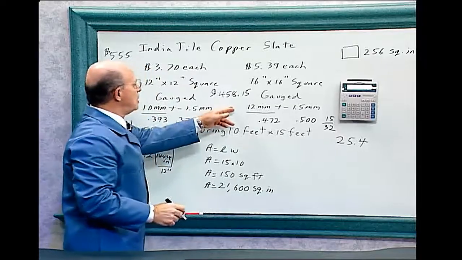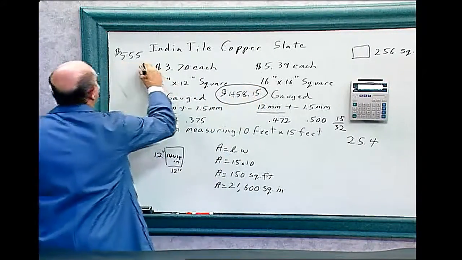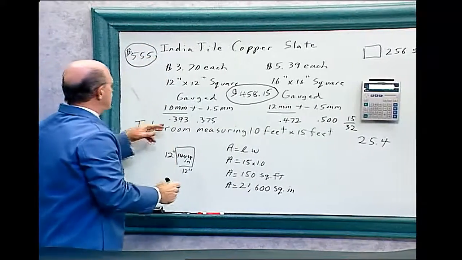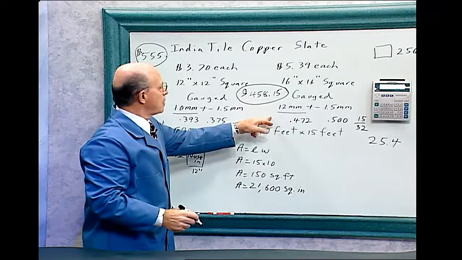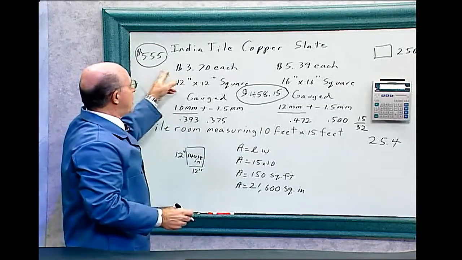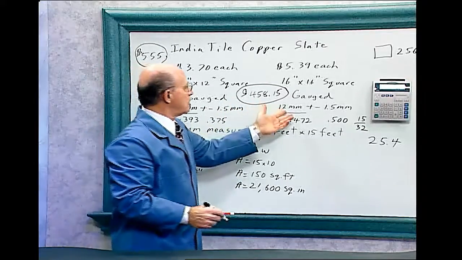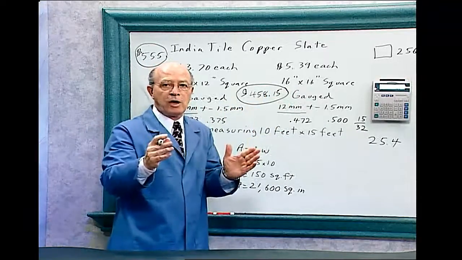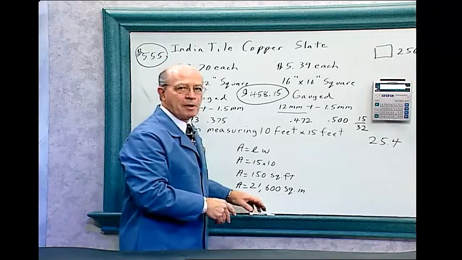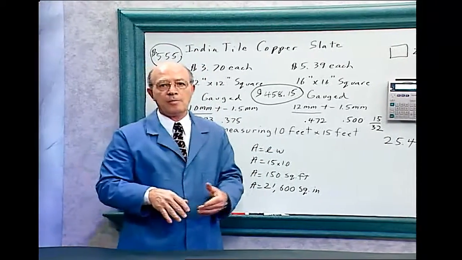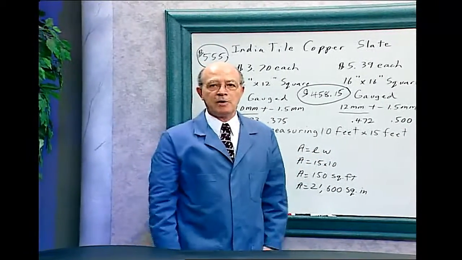And so you could see, looking at the cost between the two rooms, this tile is thinner, this is thicker, and you save roughly about $100 by going with the thicker gauge tile, but it's a little larger square. So this is how you can save money when you go shopping. You do your math beforehand, and you can use your math skills and put some extra money into your pocket.